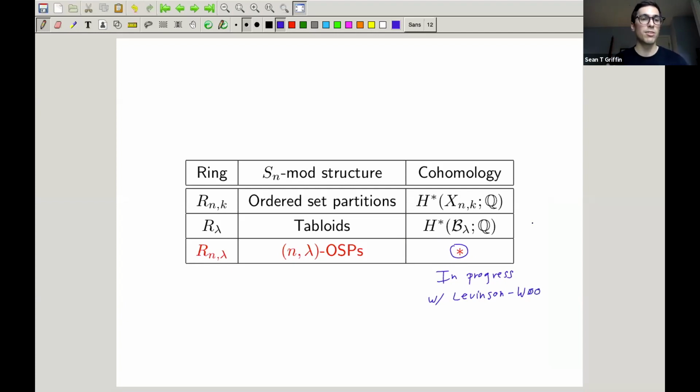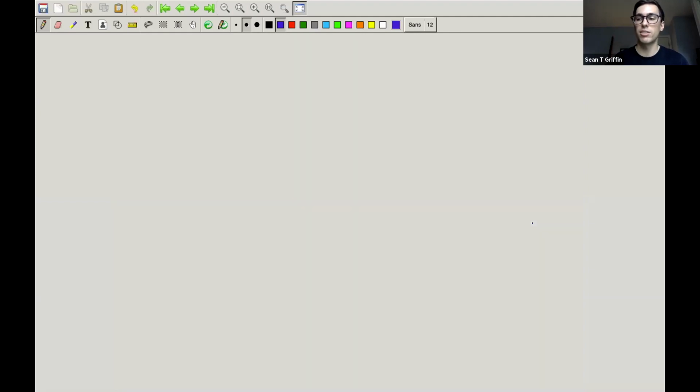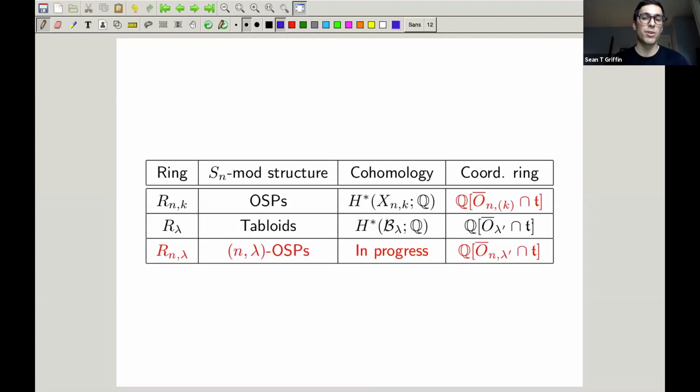We think we have found a compact singular variety whose cohomology ring is R_{n,lambda,s}. But in this talk, I'll talk about a different geometric connection, which I referred to at the beginning of the talk in terms of coordinate rings.